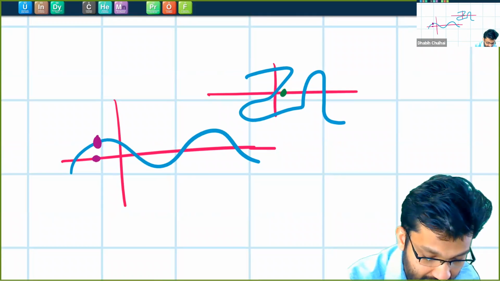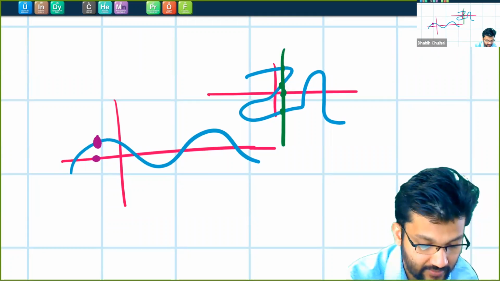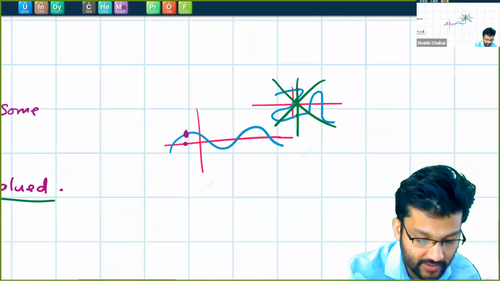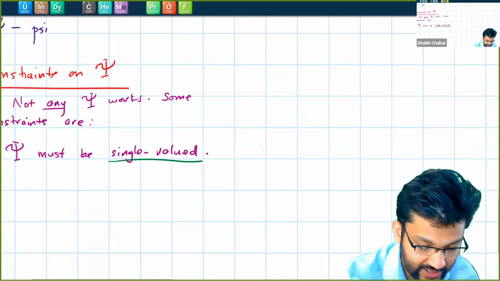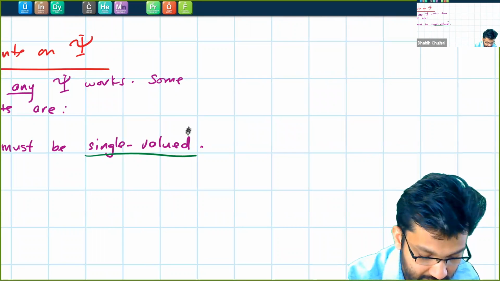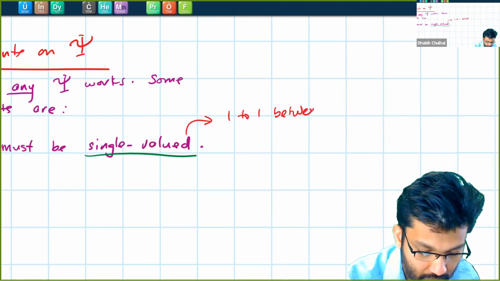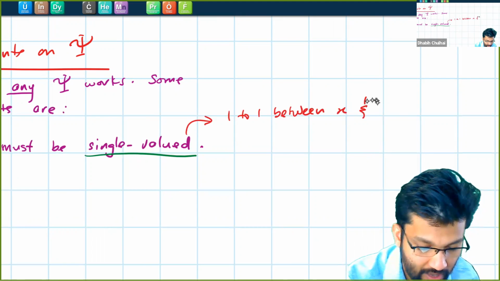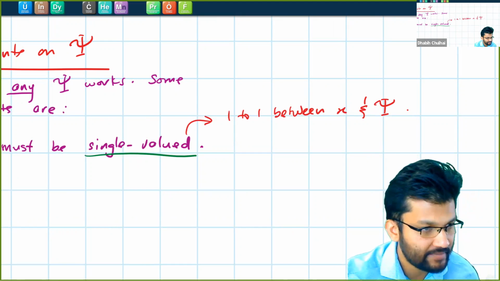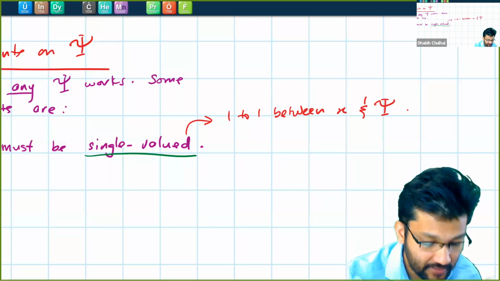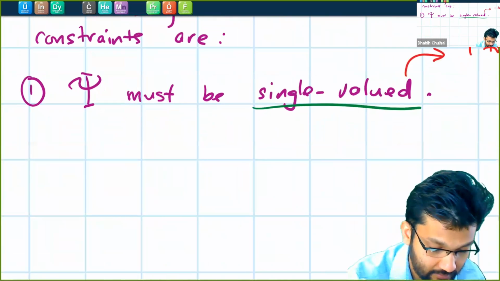For this value of x, there's one value of y here, a value of y there, and a value of y there, not single valued. So single valued just means there's a one-to-one relationship between x and y, well, or x and psi. Does that make sense? So that's our first constraint. Psi must be single valued.